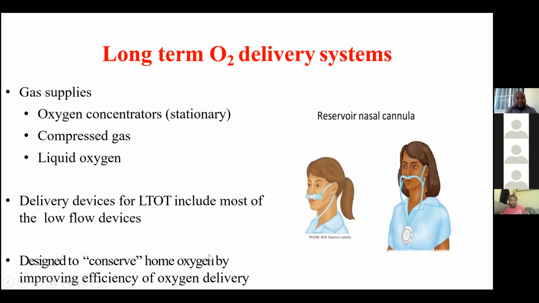It has a gas supply. You may have oxygen concentrators, which are not easy to afford, can have compressed gas or liquid oxygen, and also delivery devices for long-term oxygen therapy, which include, as we said, the low flow devices, as you see on this image, like the reservoir nasal cannula.